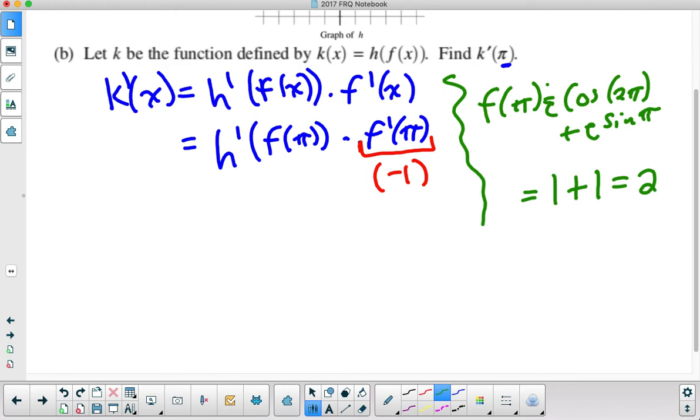And I think I just had a 1 there, so we're going to need a 2 there. I'm glad I did actually write that down, because I think I messed that one up when I did this problem yesterday. All right, now we got to figure out what h prime of 2 is.